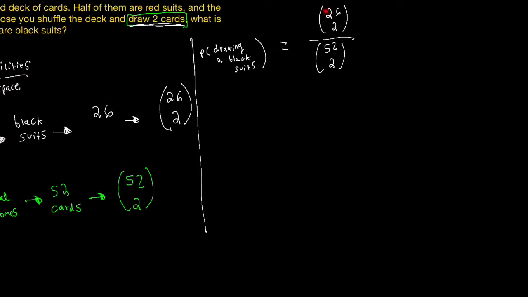So let's begin to calculate this by first calculating the numerator, which is 26 choose 2. So 26 choose 2 is going to equal 26 factorial all over 2 factorial times 26 minus 2, which is 24 factorial. So I'm going to do this a little bit faster now. 26 factorial, I'm going to expand it until I get down to 24 factorial because I want to eliminate that denominator.